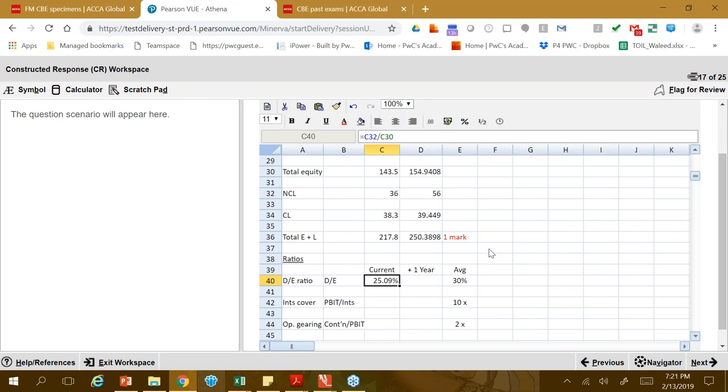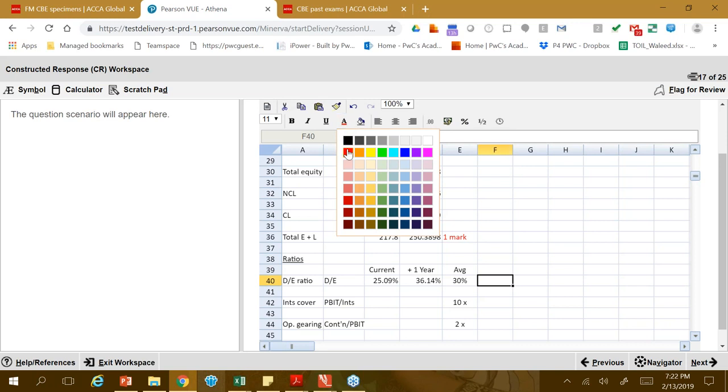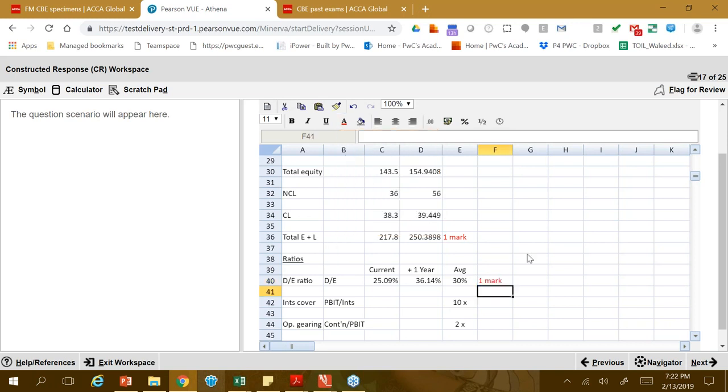Then after 1 year, I'm going to do the same calculation, but using the plus 1 year data which I have computed. So debt is now D32 over equity, which is D30. Well, that's it. Let's see what we get here. 36%, and at this point I will get 1 mark. Easy.